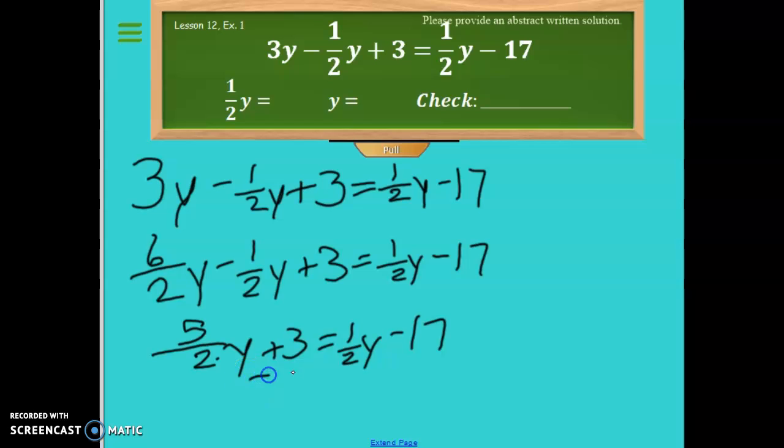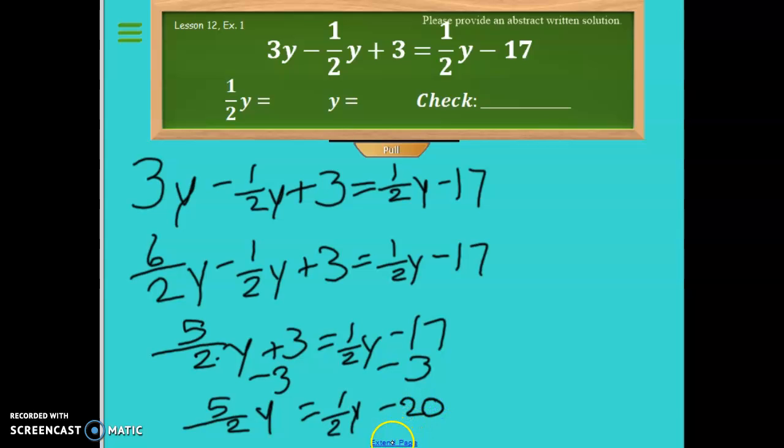So I'm going to take away this 3, take away 3, and that's going to leave me with 5 halves of y equals 1/2 of y, and then a minus 17 and a minus 3 is going to give me a minus 20.